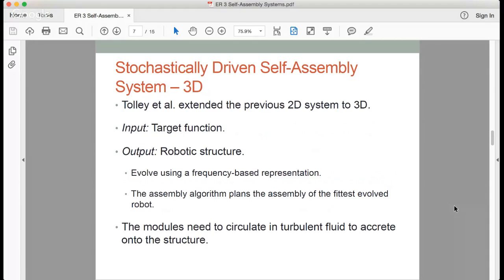So the previous system, the stochastically driven self-assembly system, was extended from 2D to 3D by Tolley and other authors.